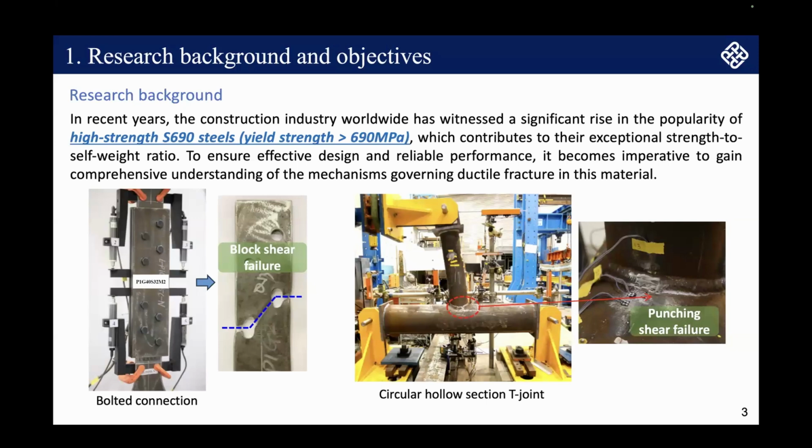The block shear failure on the bolt plate and the punching shear failure on the chord involve a complex stress state. This study aims to investigate the shear effect on the fracture initiation point under the complex stress state.